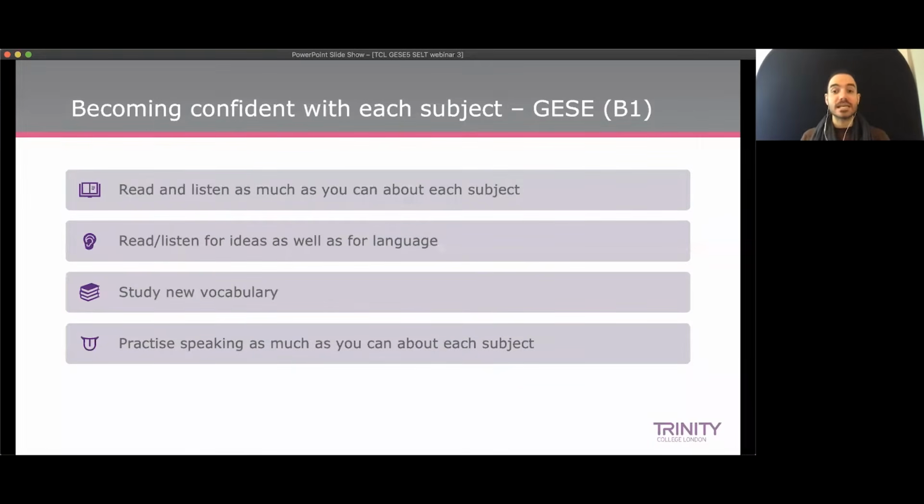You can speak at any opportunity you get. We will see later, I'll show you a way, even if you don't have someone else to speak to, speak to yourself. It's fine. It's good. It's practice. Speak out loud so that you can hear yourself.